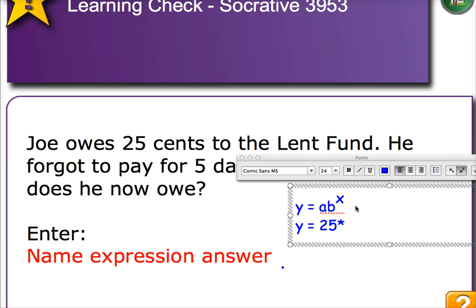the growth factor. So at 10% interest, the growth factor is 1 plus 10%. And all of that gets raised to the power of the time period, which is 5 days.